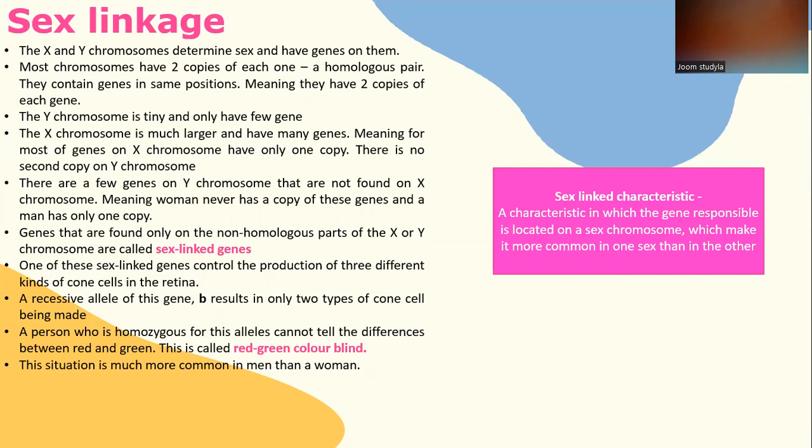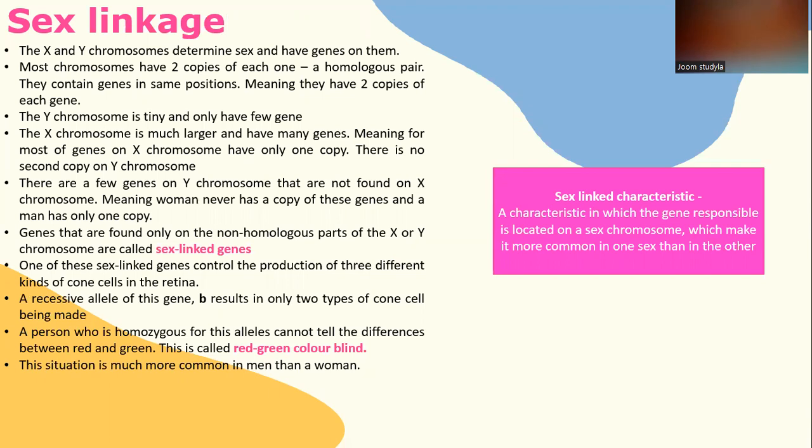One of these sex-linked genes controls the production of 3 different kinds of cone cells in the retina. A recessive allele of this gene, b, results in only 2 types of cone cells being made. A person who is homozygous for this allele cannot tell the difference between red and green.